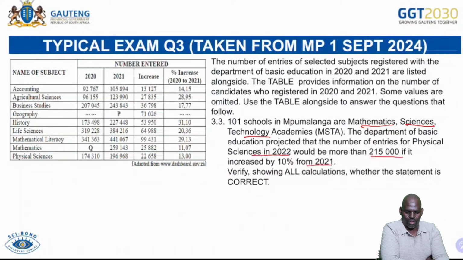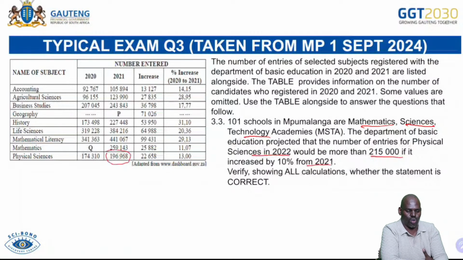So for this question, we just have to look at the number in 2021 for physical sciences. Physical sciences is 196,968. Okay, so in 2020 it was 174,310.